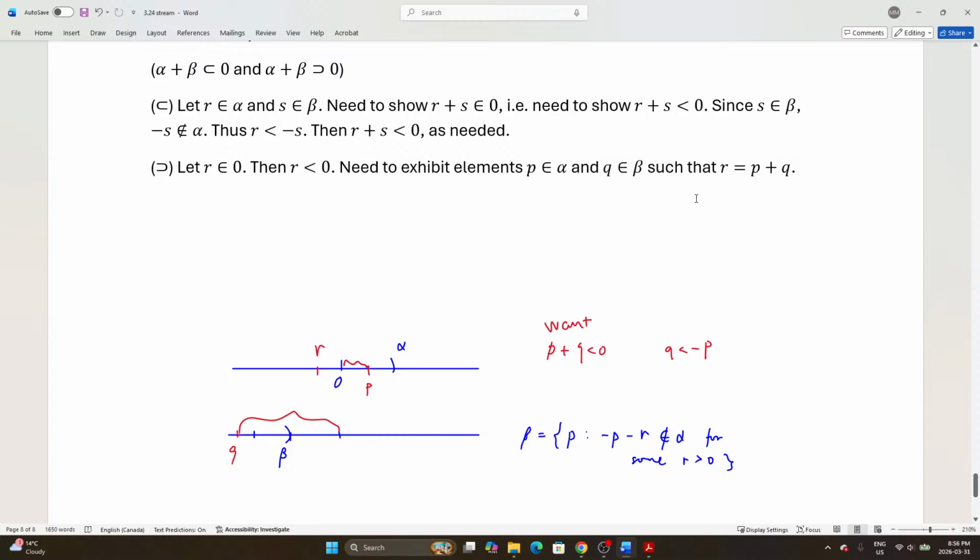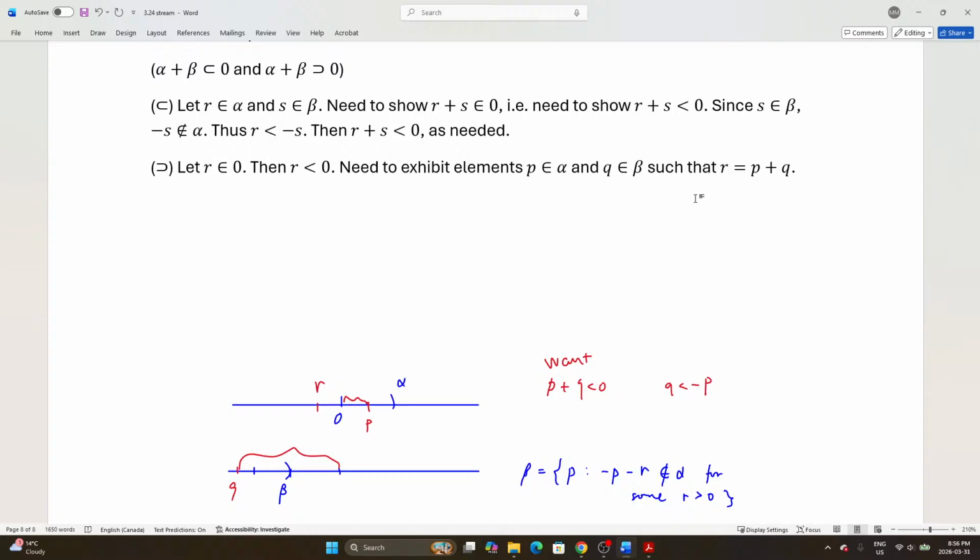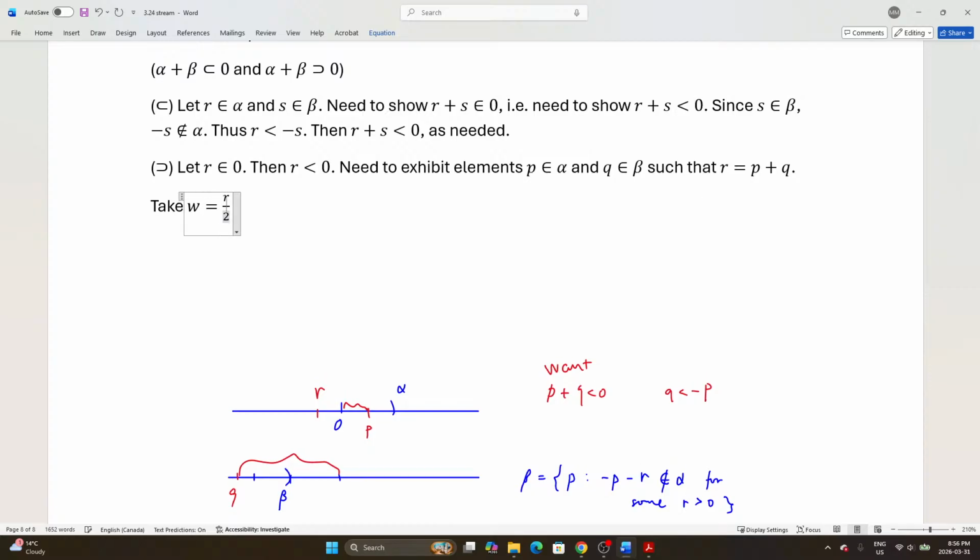Since R is negative, let's take W to be minus half R. Then W is positive.